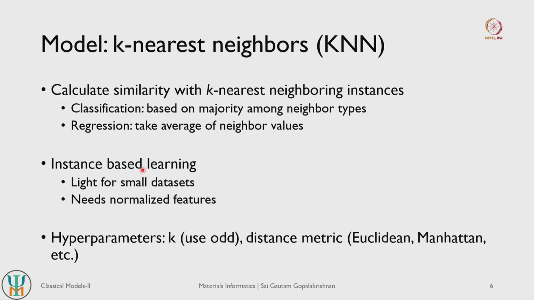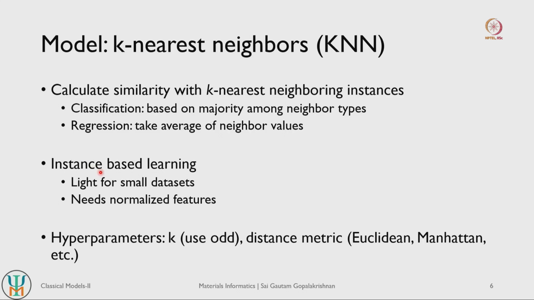The one thing to note is that k nearest neighbor is an instance based learning model and it is not model based learning. So in the case of softmax regression, linear regression and polynomial regression, those are all model based learning. So you actually learn a set of weights and biases for your given model, but here the model sort of memorizes all the instances that it has seen before, and only calculates similarities with respect to the instances that it already knows.